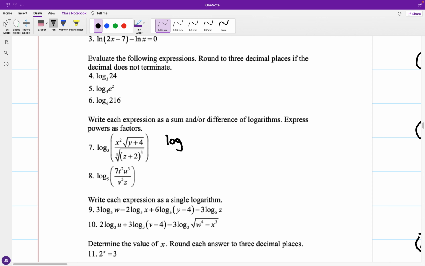just converting from radicals to non-integer exponents. So we had the base 3 logarithm of x squared.